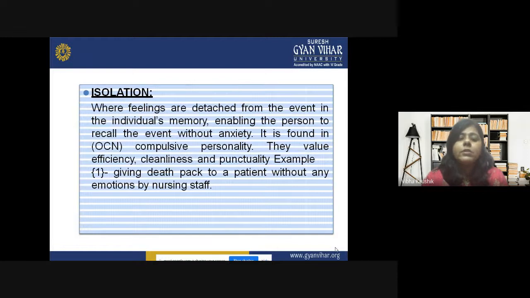Now, the next one is isolation, where feelings are detached from the event in the individual's memory, enabling the person to recall the event without anxiety.